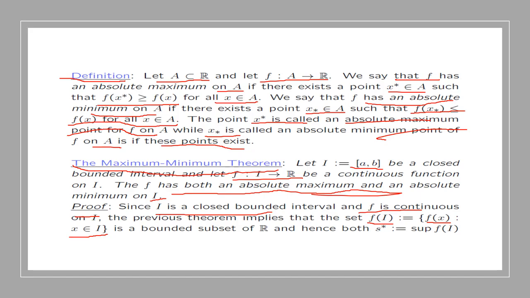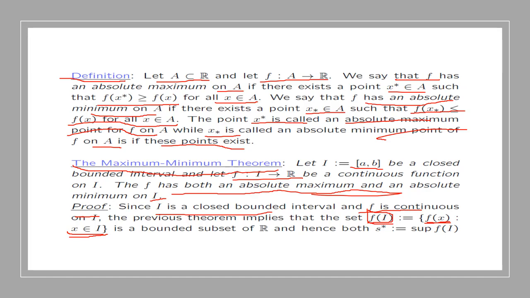So you form a set whose elements are f of x where x is in I. You do that for all x in I, then you form a set which we call f of I, and that set will be bounded by what we saw in the previous video.